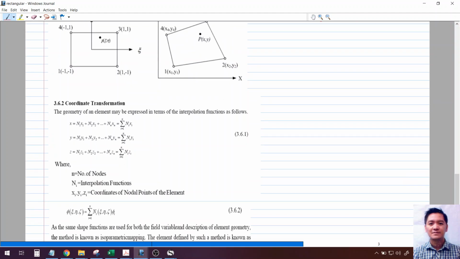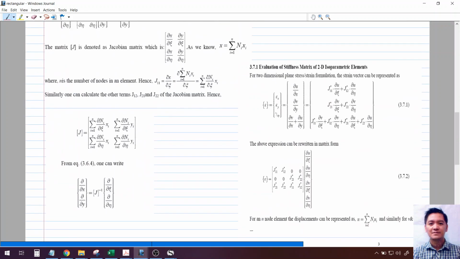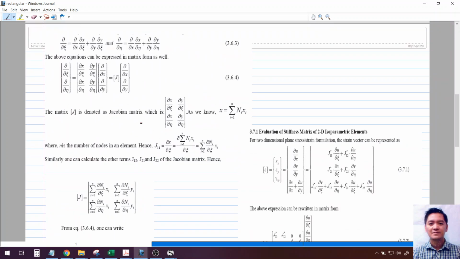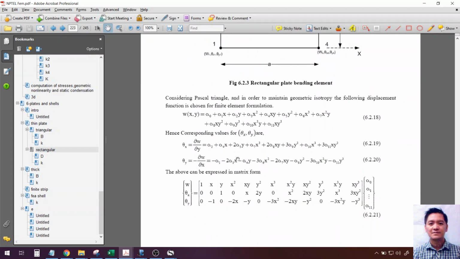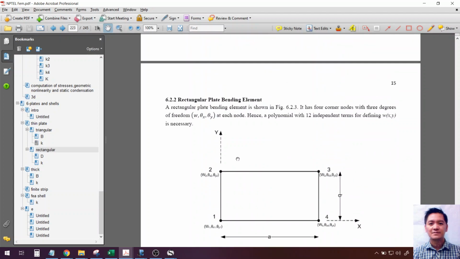Next, when you transform that, we need to use the chain rule. We will transform that, this is plate bending.